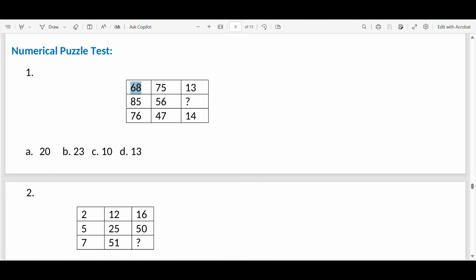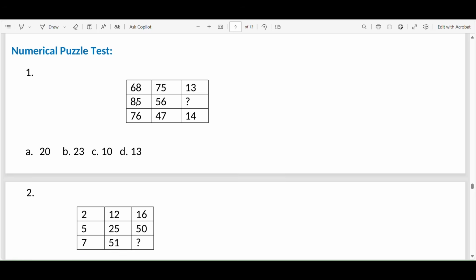Let me try subtracting the difference between the digits. 8 minus 6 will give you 2, and in 75, 7 minus 5 will also give you 2. When you do anything with these two 2s, you will not get 13, so this is also not correct.